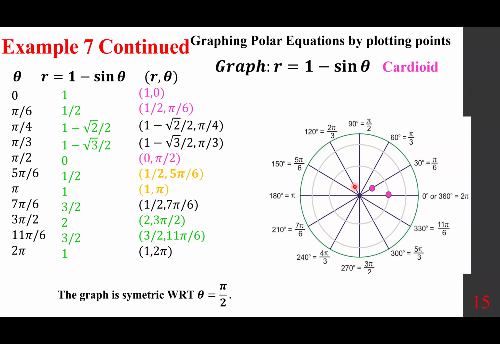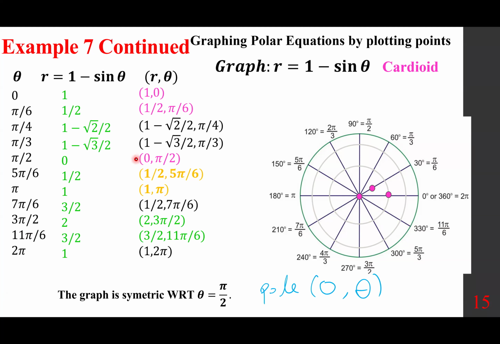Pi over 2 is 0. 0, pi over 2 is here. By the way, when r is 0, everybody, 0 comma any angle gives you the pole. Okay, just to give you an idea. When r is 0, it's at the pole.